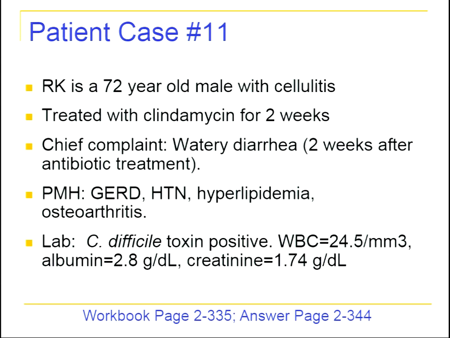Now he's coming back with watery diarrhea 2 weeks after the antibiotic treatment. He has a past medical history of GERD, hypertension, hyperlipidemia, and osteoarthritis. Labs are done, and his stool is tested, and it's positive for C. diff toxin. He has an elevated white count up to 24.5, a lowered albumin, and an elevated creatinine of 1.74.